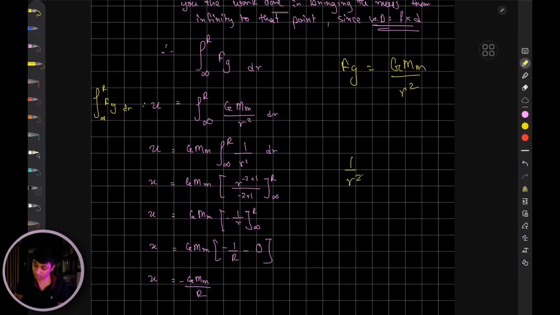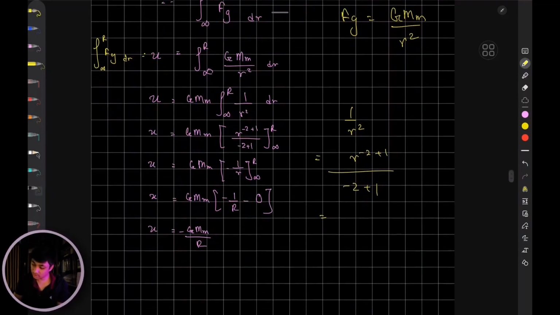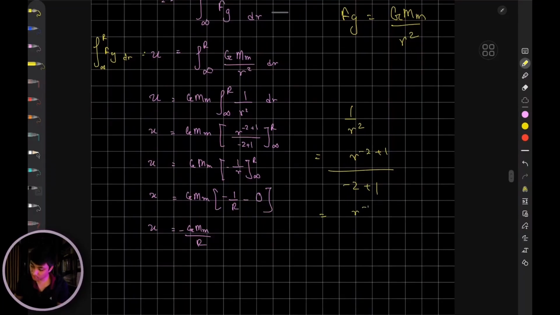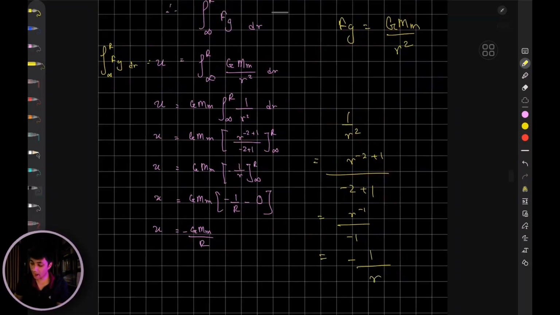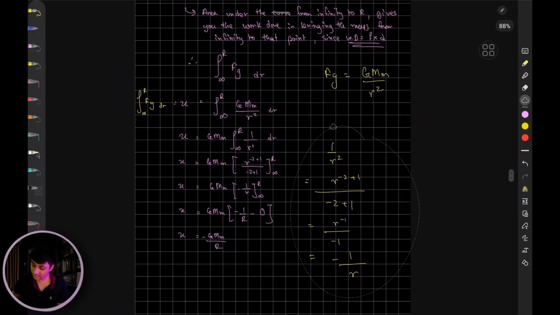How will you integrate 1 by r square? Very simple. It's going to be r to the power minus 2 plus 1 divided by minus 2 plus 1. It's going to be r to the power minus 1 divided by minus 1, which is going to be minus 1 by r. So this is your integration.